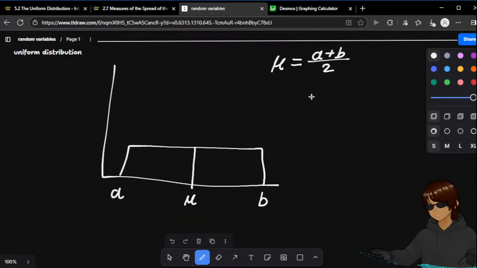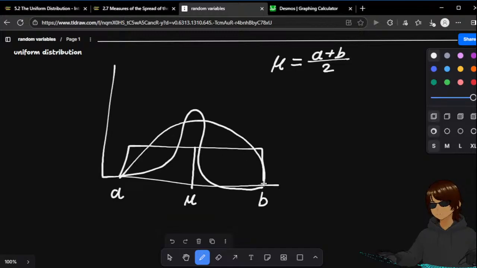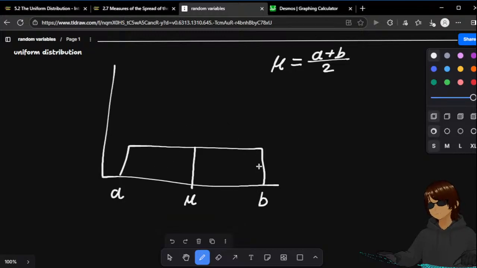But how do you measure the spread of the data? I mean, if the data were like this, then it's not very spread out. But like this, it is. Let me think.